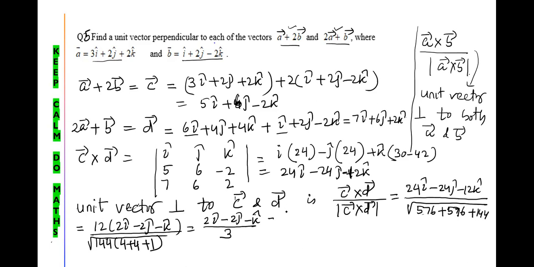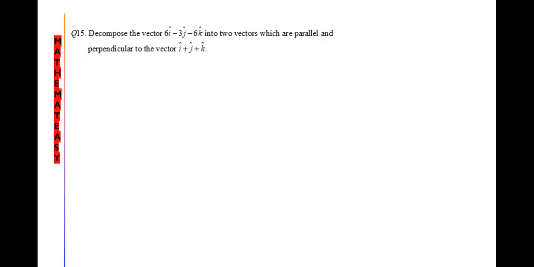Finally you may write it as 2 by 3 i minus 2 by 3 j minus 1 by 3 k. Calculation you can do in your own way also; I just thought you can do it in this simple way. So this is the unit vector which is perpendicular to each of the vectors a plus 2b and 2a plus b. Clear?